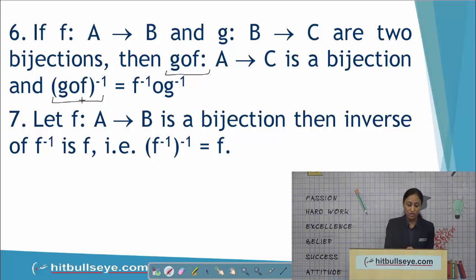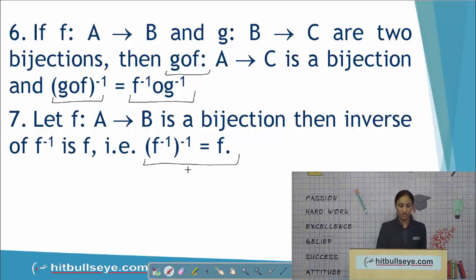That is, (g of f) inverse will be f inverse of g inverse. The next property says that if f is a function from A to B, which is a bijective function, then the inverse, which is represented by f inverse, will have an inverse which is equal to the function itself. So which basically means that the inverse of the inverse is the original function itself.